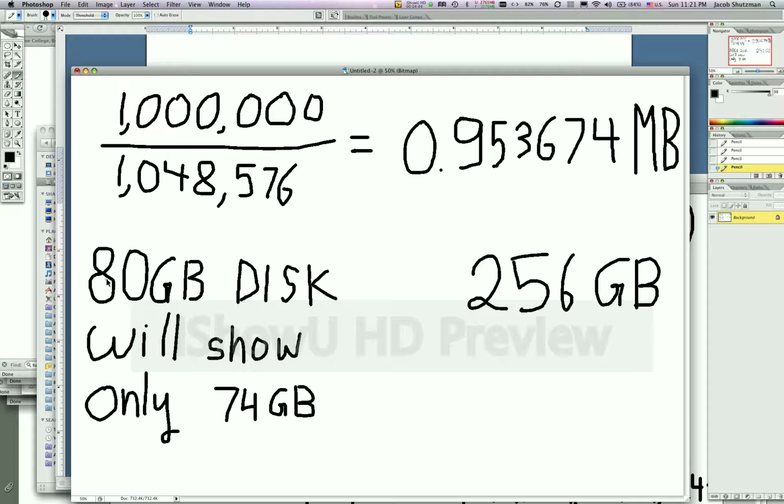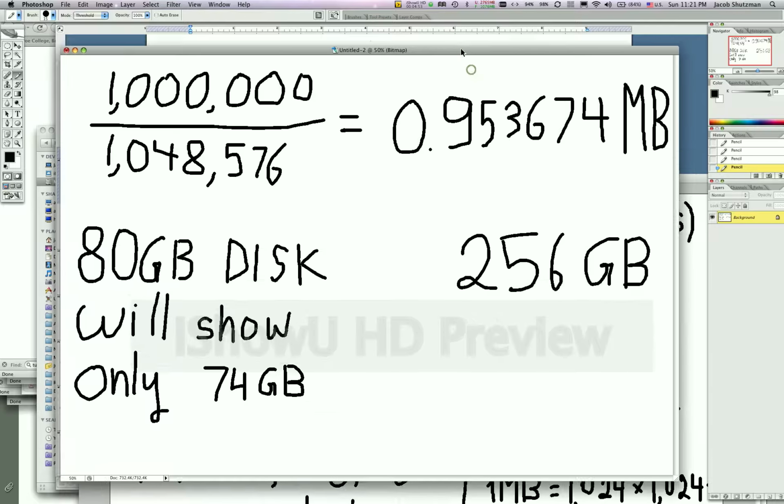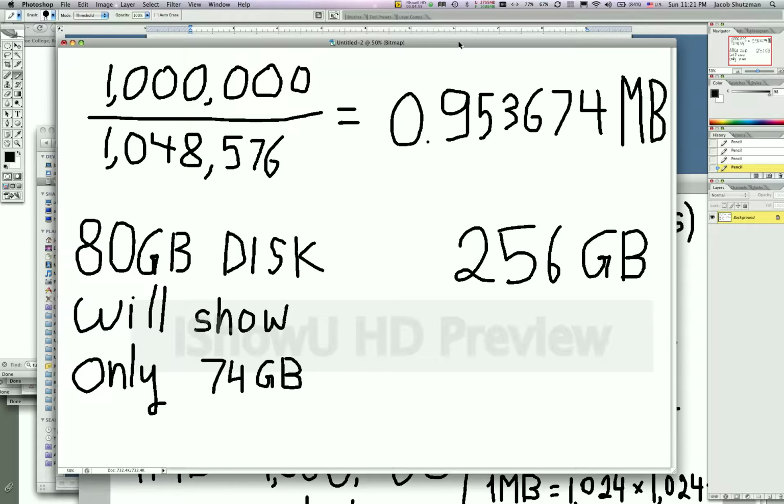So an 80 gig disk drive will generally show only 74 gig on the computer. And the calculation is, if you take a gig on the computer, you take 1024 times 1024 times 1024.